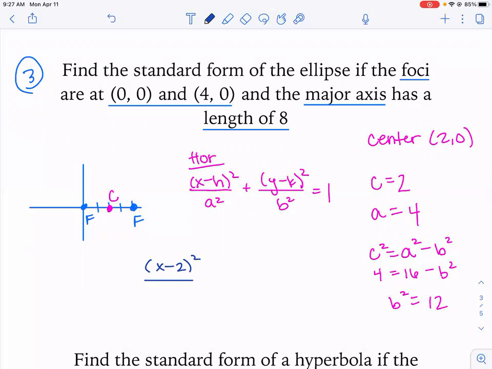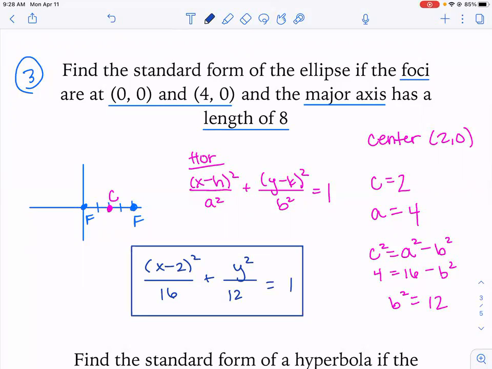So we have x minus h squared over a squared plus y minus k squared over b squared equals 1. And I'm always going to stop at b squared, or if we're solving for a squared. I don't really need a, I don't really need b.